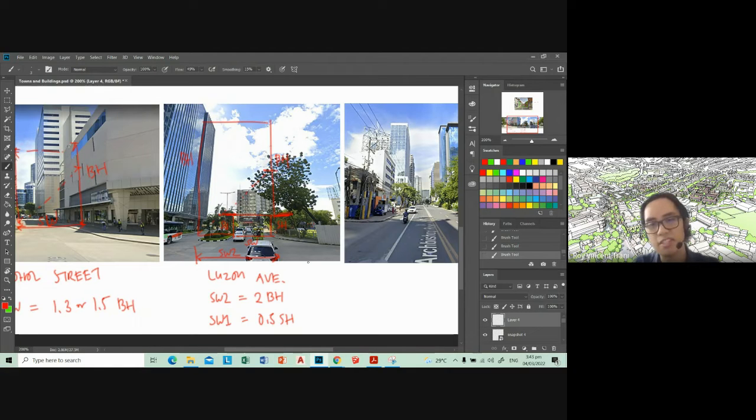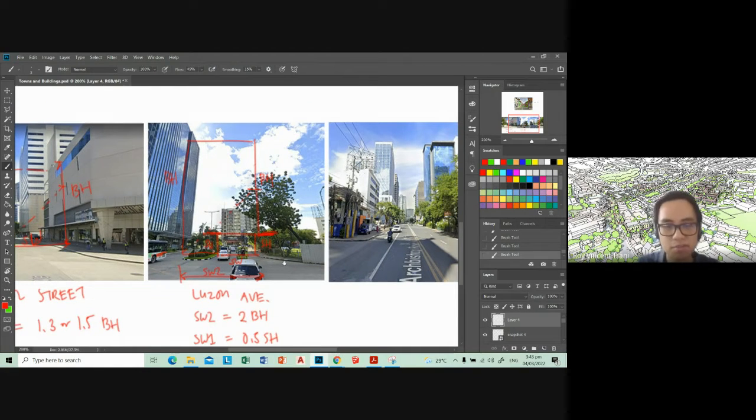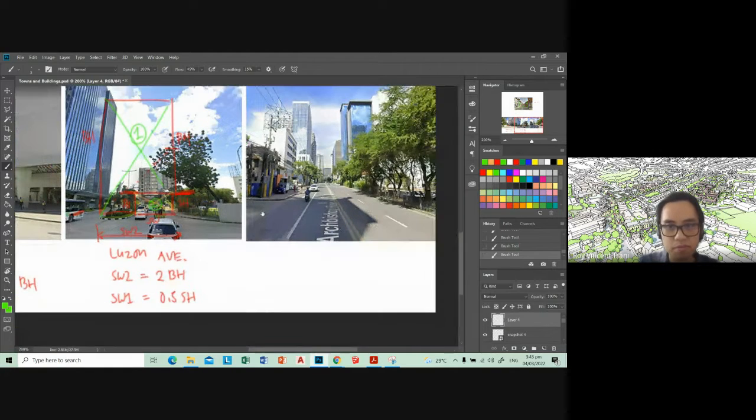For this particular avenue, to create a sense of enclosure, you could use this one over here, or you can use, let me change color, this street width to building height proportion. So this is one proportion, this is another proportion, and which one you choose is up to you.